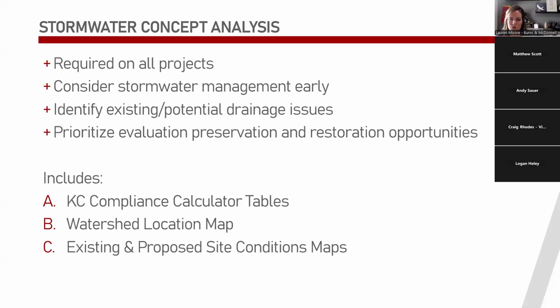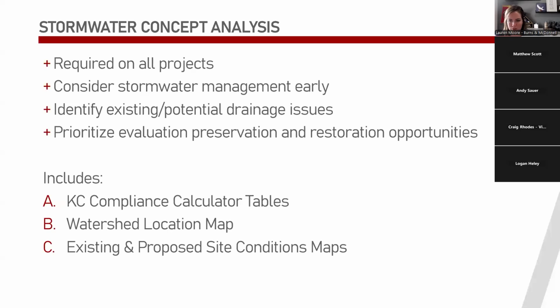So looking to consider stormwater management early in those concept planning and design phases so that you can identify what potential existing issues or issues that could come from the proposed improvements are, and to really give the owner the opportunity to capitalize on prioritizing the preservation and restoration opportunities that are then going to let them minimize their stormwater management requirements on the back end of this.